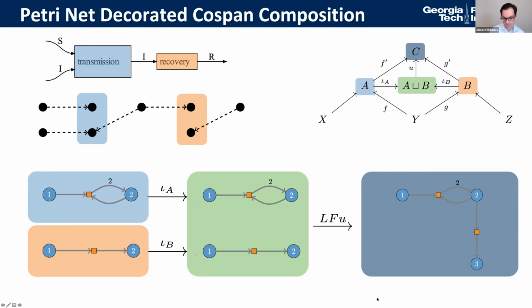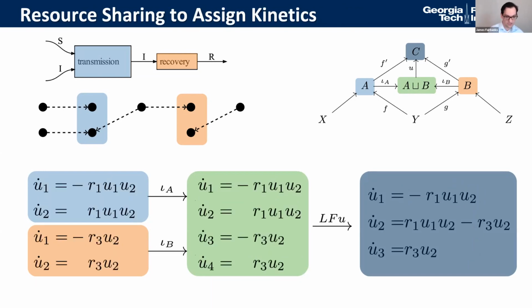And so this is directly how it works on Petri nets, and you get exactly the same story if you're working in dynamical systems, where now you have a two-dimensional dynamical system, another two-dimensional dynamical system. Their coproduct is a four-dimensional dynamical system, and then you want to quotient out by the equivalence classes given by U, which is that map into the equivalence classes. And what you do is you superimpose the tangent vectors.